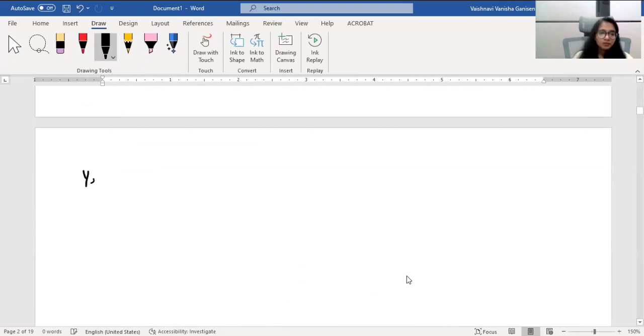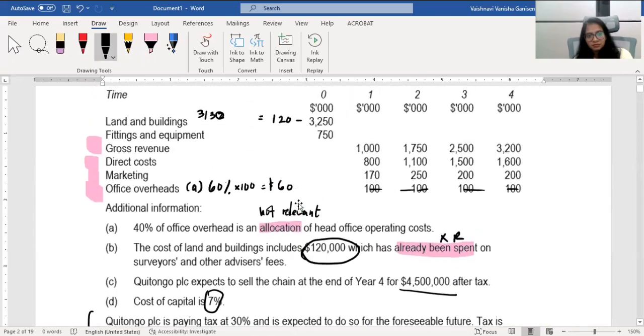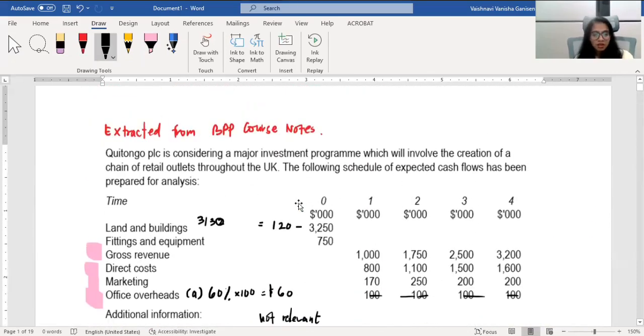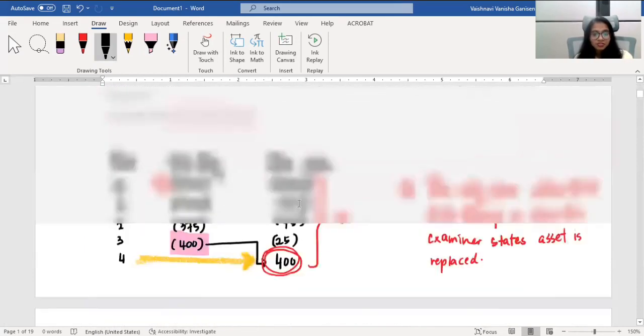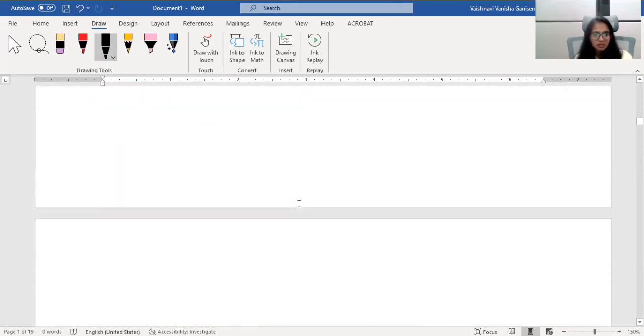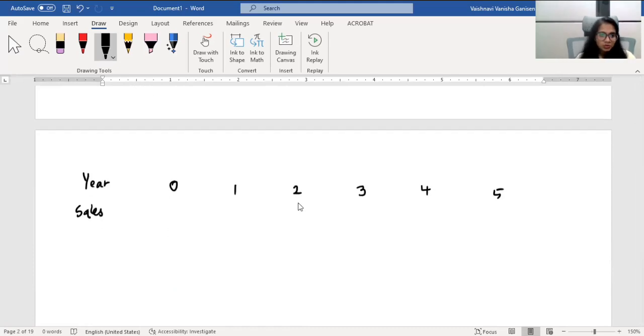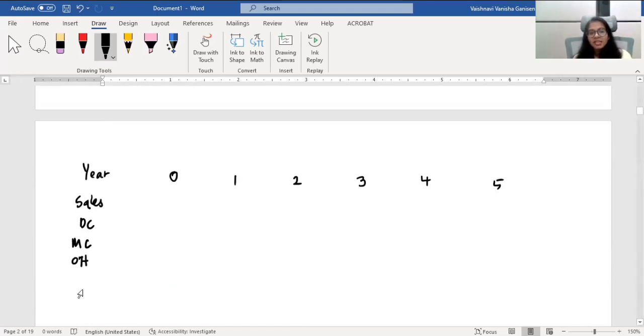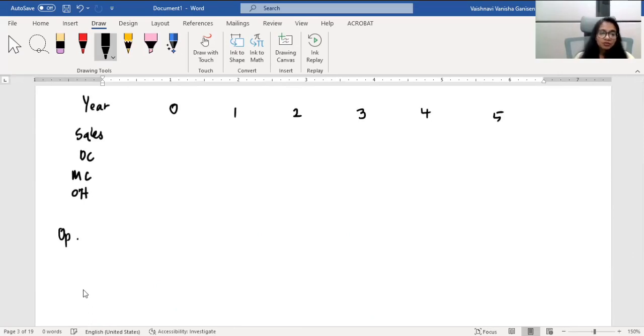Okay, year. Remember, when your tax is paid in arrears, always remember to add one more column. Year 5. Sales. Direct cost, marketing, and office overheads. Those are my cost elements. After that, I have operating cash flow.